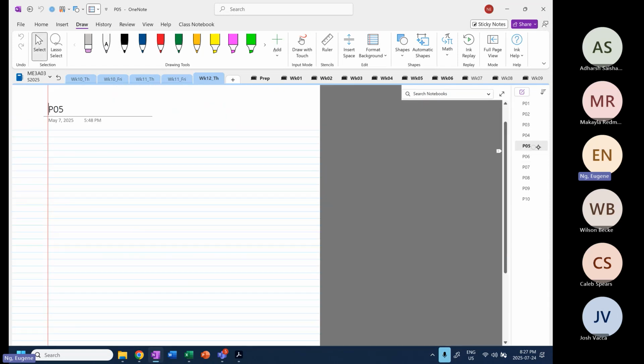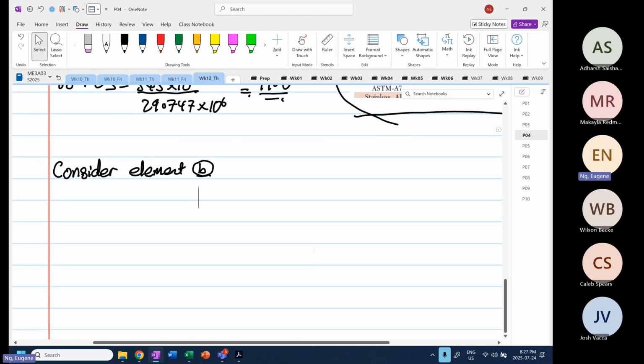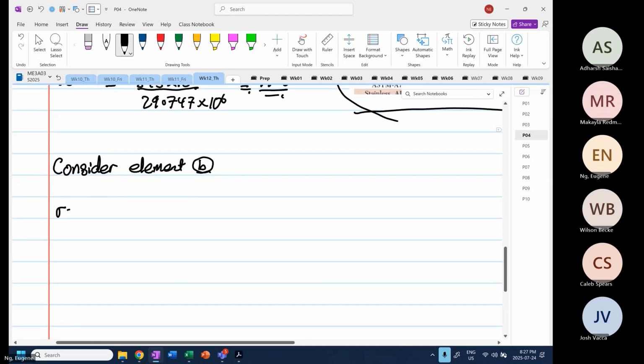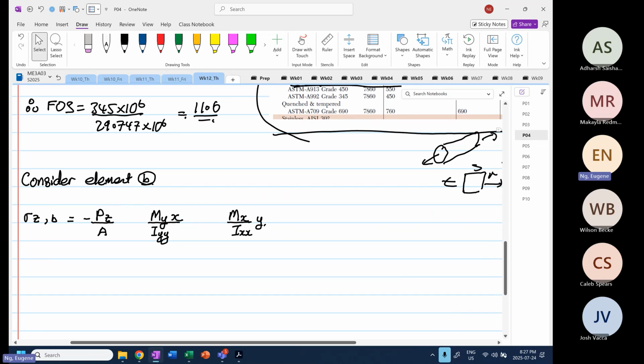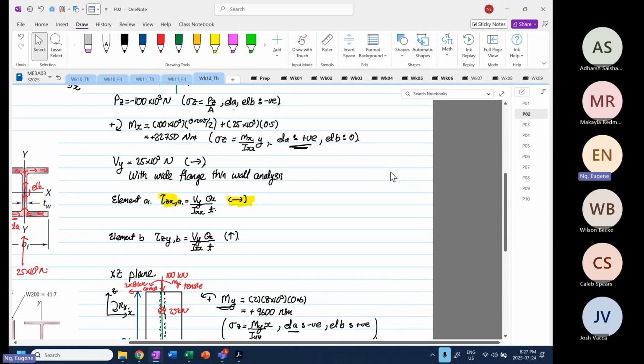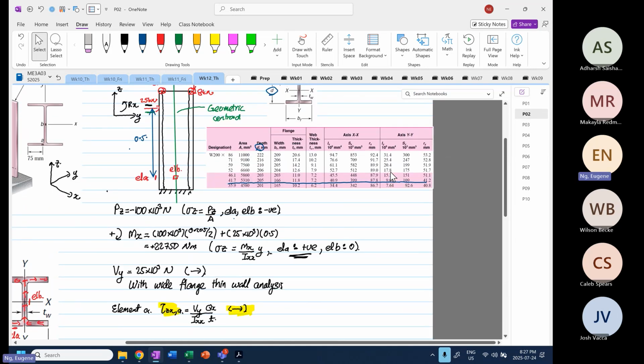So element B, again, you have stress Z for element B. So we know it's still minus Pz over A, then you have My over Iyy multiplied by X, and then you have your Mx over Ixx multiplied by Y. So if we were to look at our analysis, oh, good news.